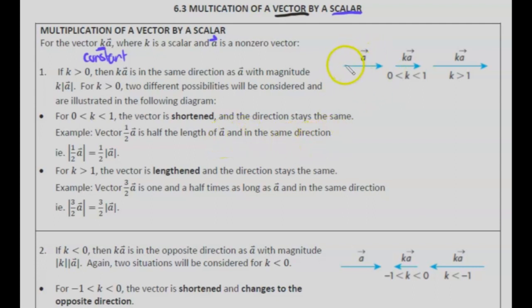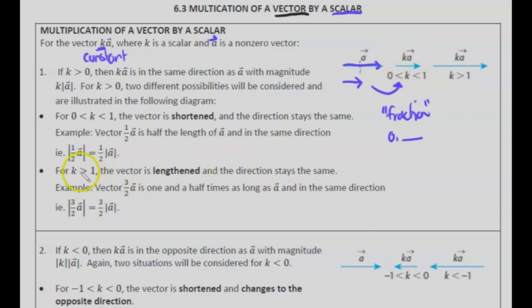So if this here is A, then half of A would be cut off here, and then we would put the arrow here. If we're multiplying by 0 decimal something, the vector is going to be shortened.